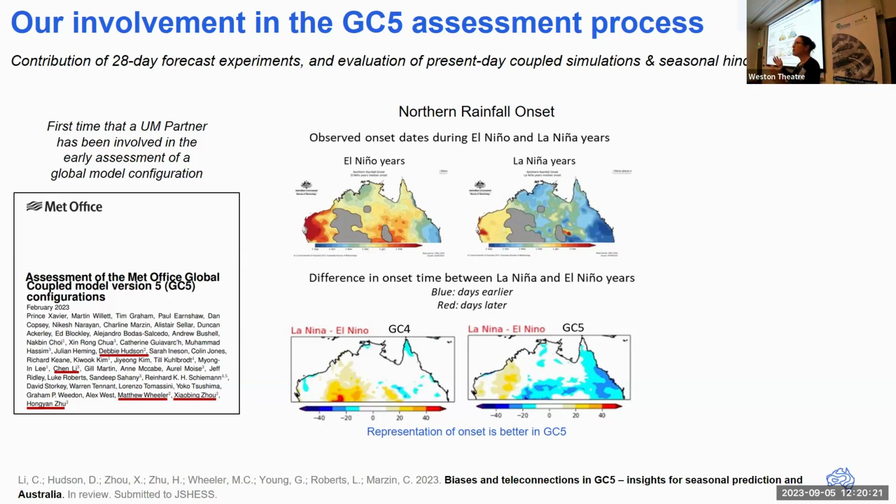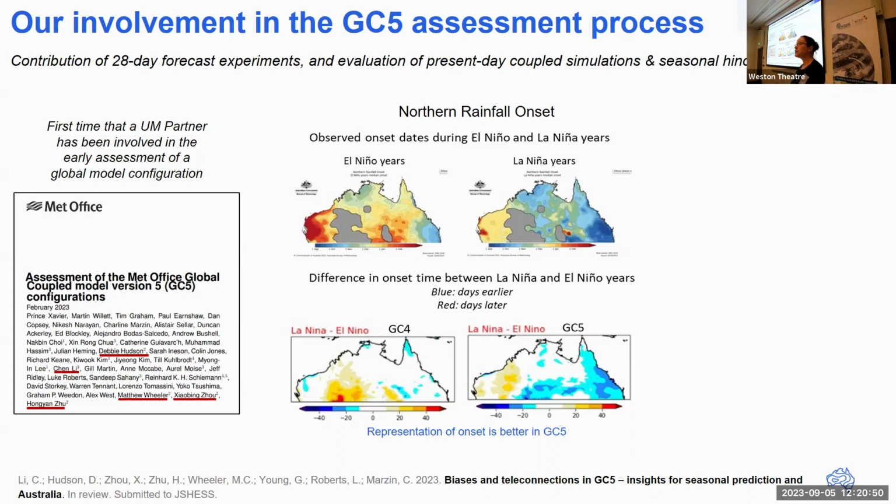You see earlier start dates in Western and Northern Eastern and Northern Australia around November, and later start dates in the Northwest, maybe in February. But the key point is that onset date is strongly modulated by El Nino. The blue in the top diagrams shows earlier onsets. So you can see in La Nina years, you get significantly earlier onsets of this wet season.